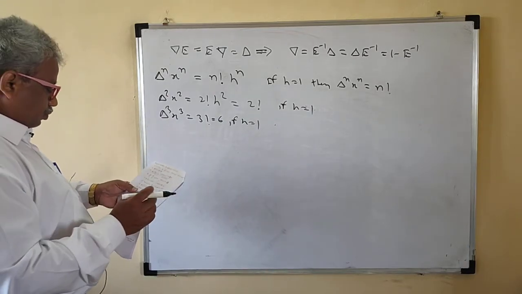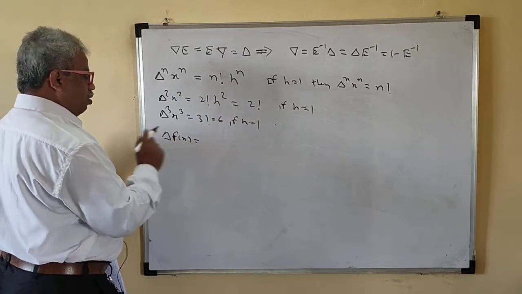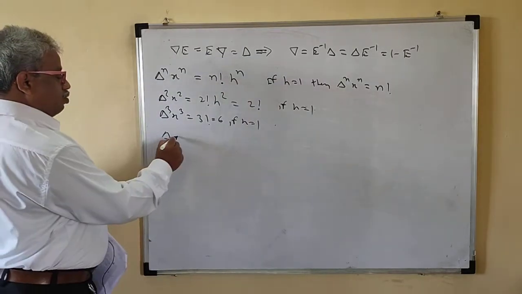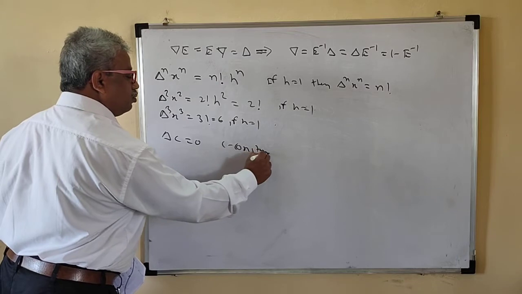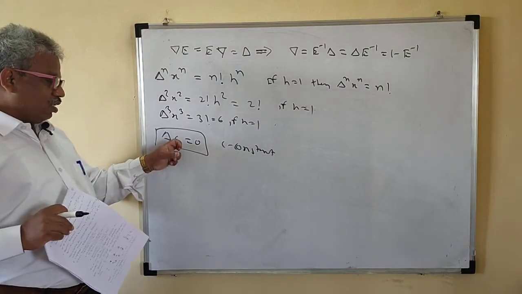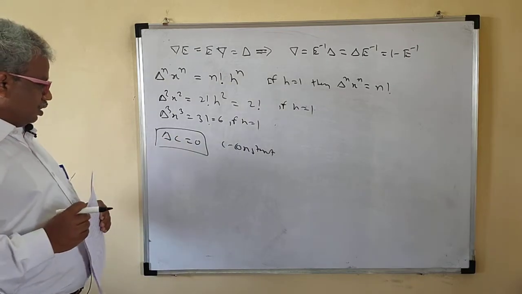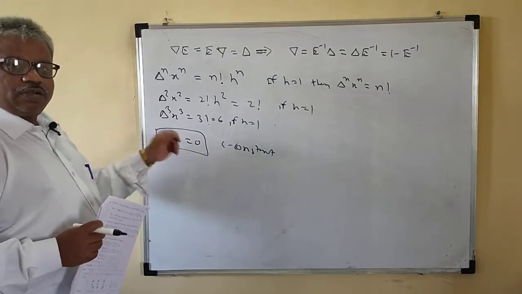Now delta on a constant is always 0, where c is a constant. Remember this. The forward or backward difference on a constant is 0. If you apply the shift operator, it will be as it is.